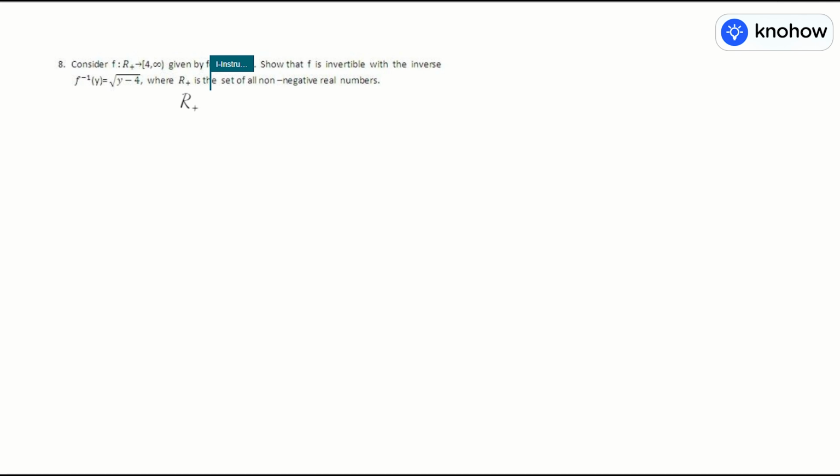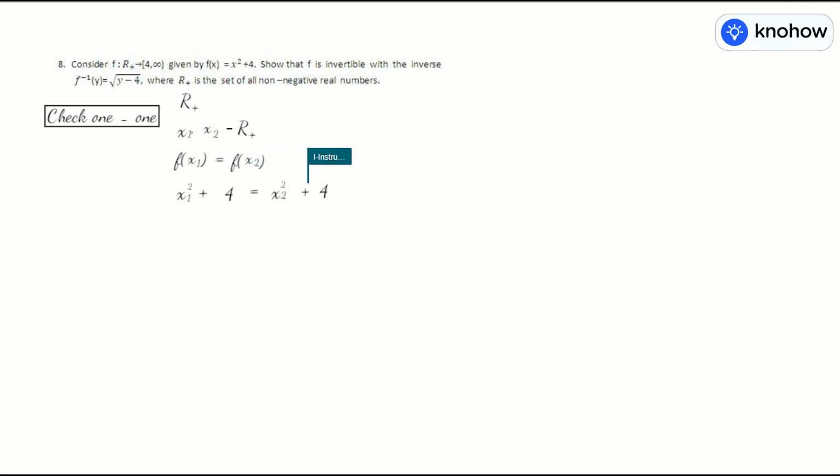Okay, so to prove it is invertible, let me first check that the given function is one-one. For that, let x1 and x2 be any two non-negative real numbers such that f(x1) = f(x2). And f(x) is defined as x² + 4, so f(x1) will be x1² + 4 and f(x2) will be x2² + 4. The 4 and 4 cancel, you get x1² = x2², or x1 = ±x2.